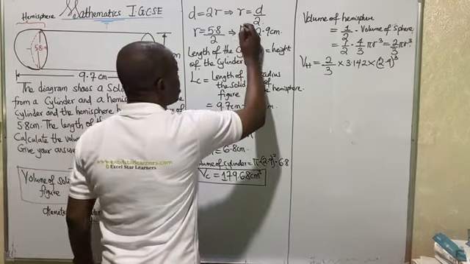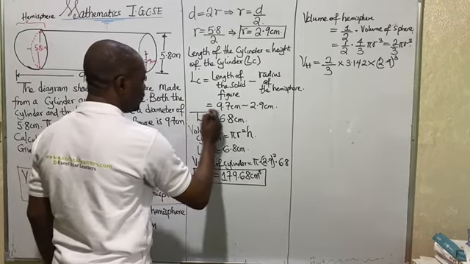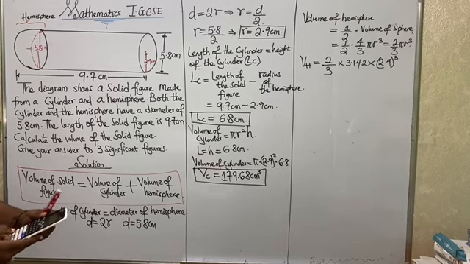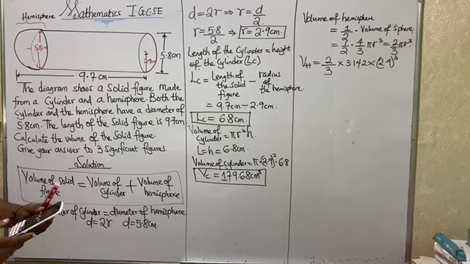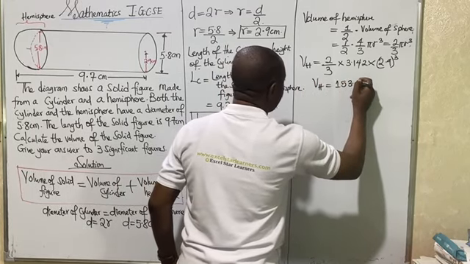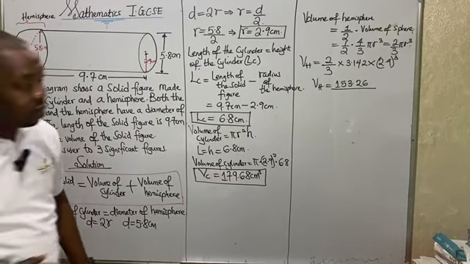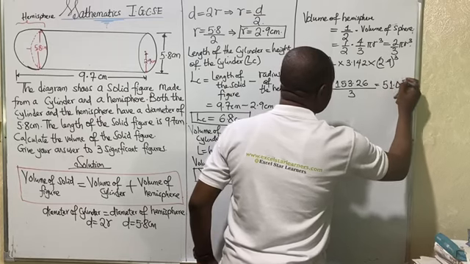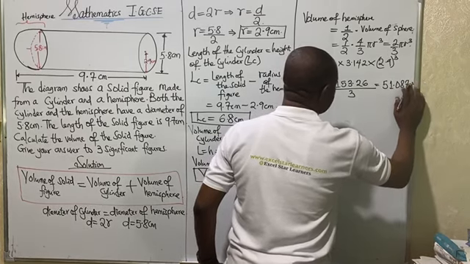So we have 3.142 multiplied by 2.9 cubed, then multiplied by 2, which is 153.26. We then divide that by 3, and that will be 51.087 cubic centimeters.